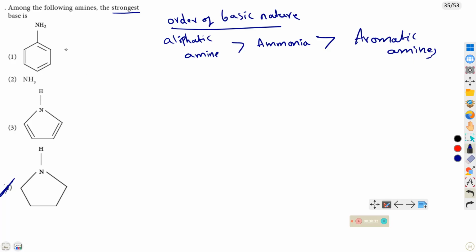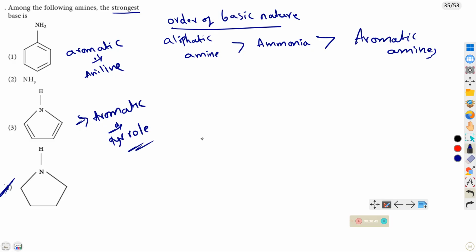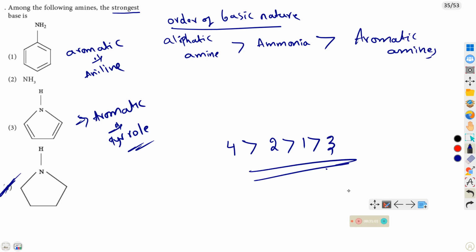The fourth one is aliphatic. The first one is aromatic, the compound name is aniline. Even the third one is also aromatic, and the compound name is pyrrole. The basic nature order is 4 greater than 2 greater than 1 greater than 3. But the question is the strongest base, so the fourth option is correct.